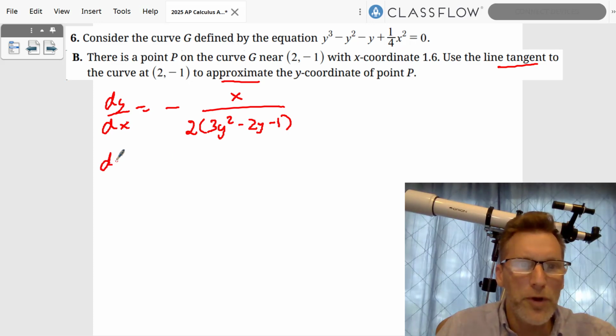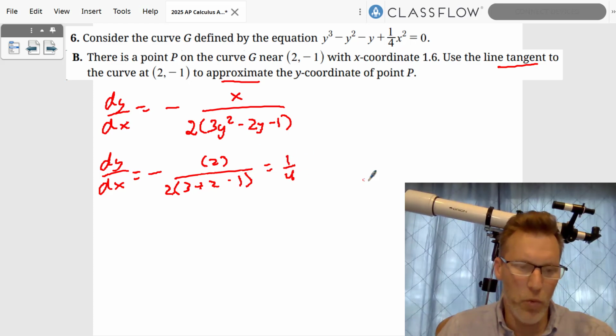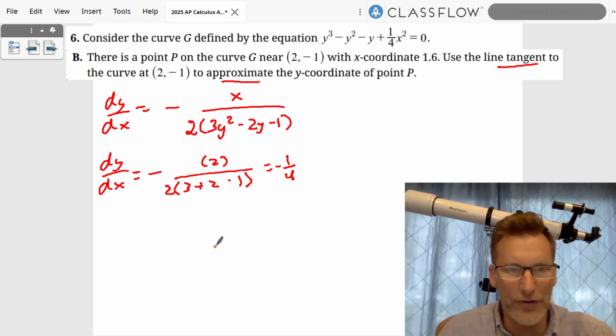Well, first we want to find the slope by plugging in negative 1. So 2 is going to go in the numerator with the x. 3 times negative 1 squared is 3. Minus 2 times negative 1 is plus 2, minus 1. And so we have 2 over 2, that cancels out. We have 5 minus 1 is 4, so the slope is 1/4. Actually, it's negative 1/4 because of that negative in the front. So my slope is negative 1/4.